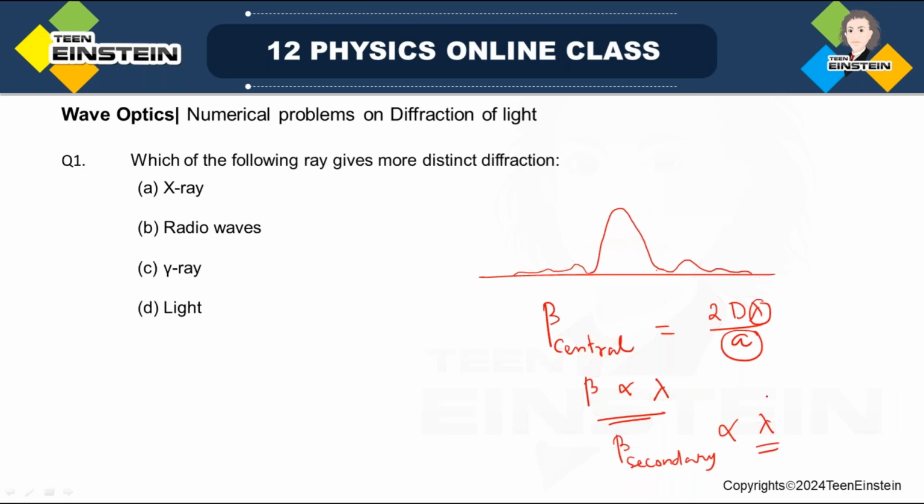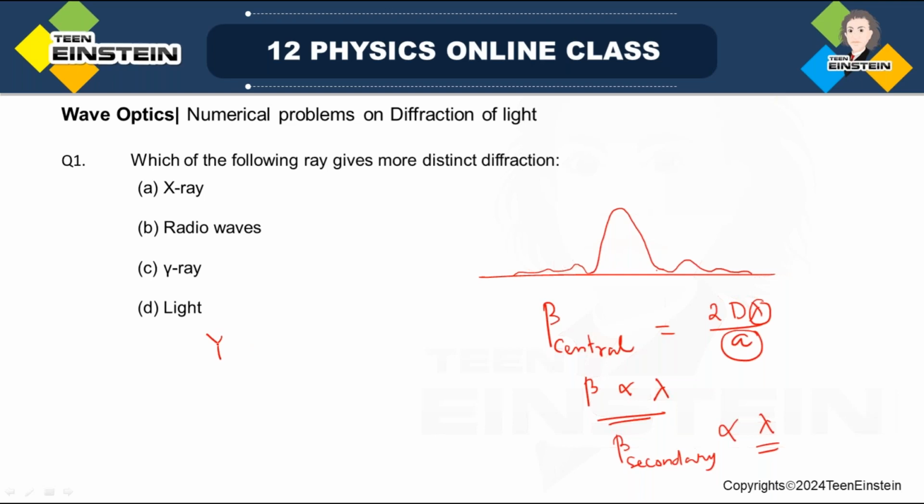If lambda is very less, the width will be very less. If lambda is more, the width will be more. So it is understandable that among the 4 rays, I'll just say gamma ray here.